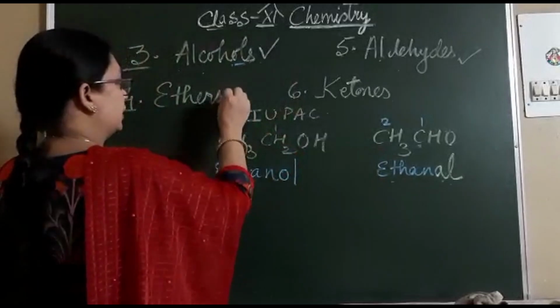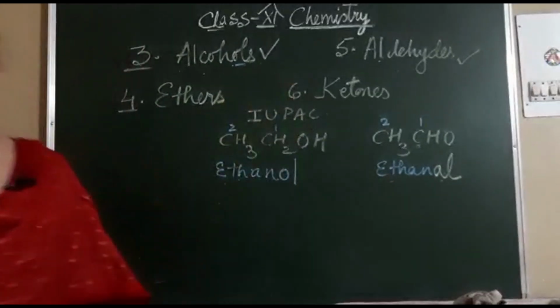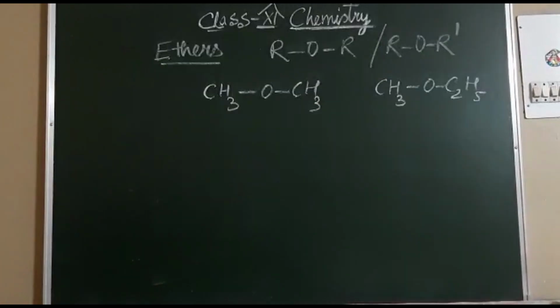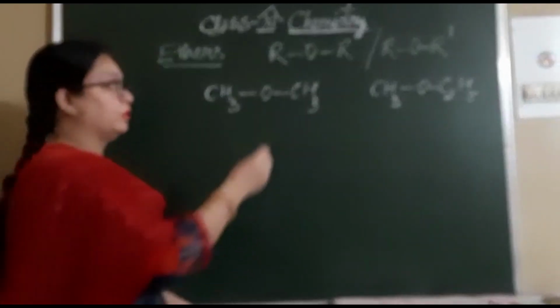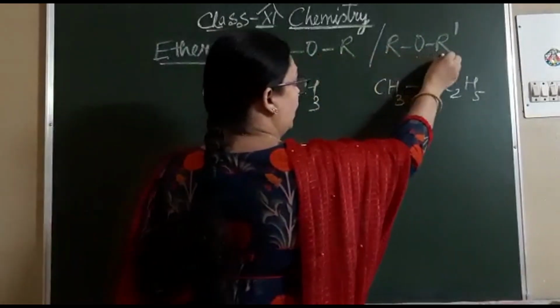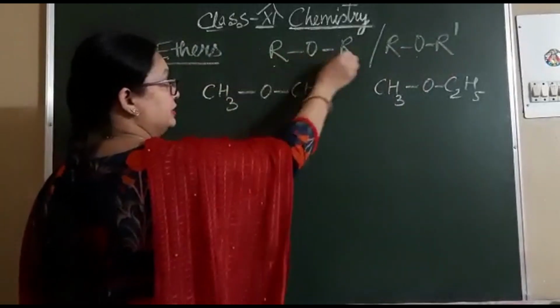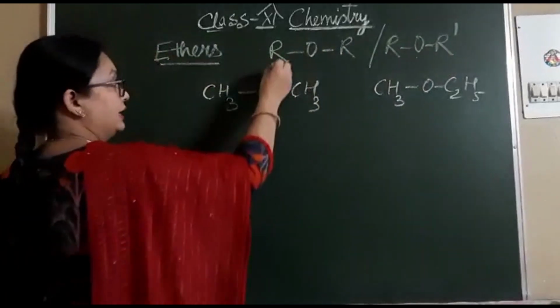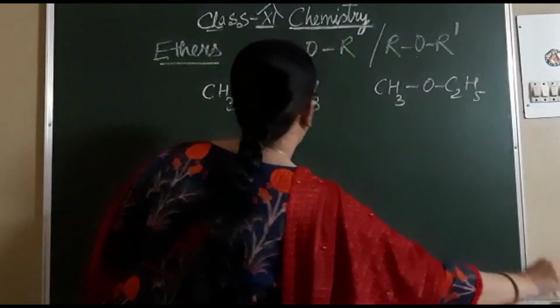Now I am going to explain the nomenclature of ethers and then ketones. In case of ether, the general formula can be represented as ROR and ROR dash. What does it mean? Let me tell you. What is R? R is an alkyl group. When we write ROR, that means both the alkyl groups are similar.